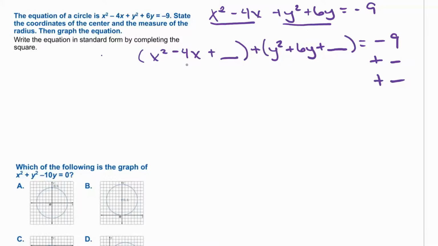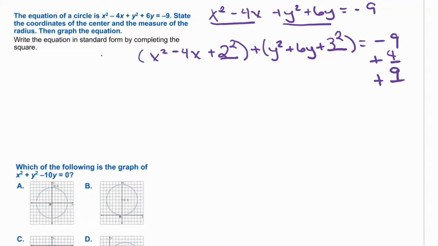To complete the square, I drop this sign here and just look at the 4. So 4 divided by 2 is 2. So I'll write 2 squared there, but since I added 4 on this side of the equal sign, I also have to add 4 here. 6 divided by 2 is 3, 3 squared. Since I added 9 here, I'll have to add 9 on this side also.